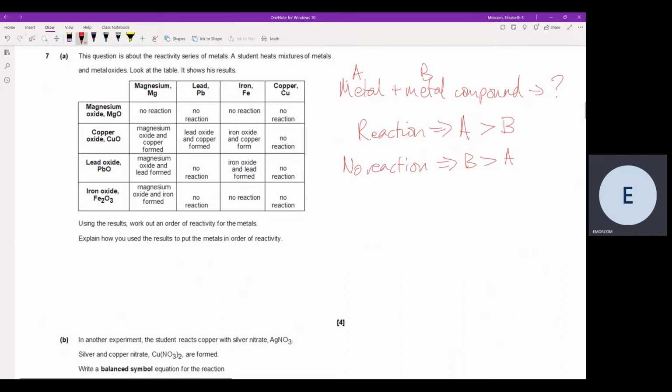So if you look at this, copper has no reaction with any of the other metal compounds. Okay, so we've got our metals at the top, because they're the ones that are by themselves, and we've got our metal compounds down the side.